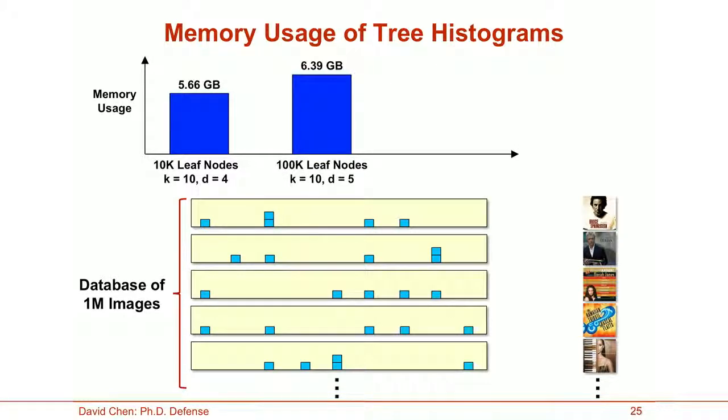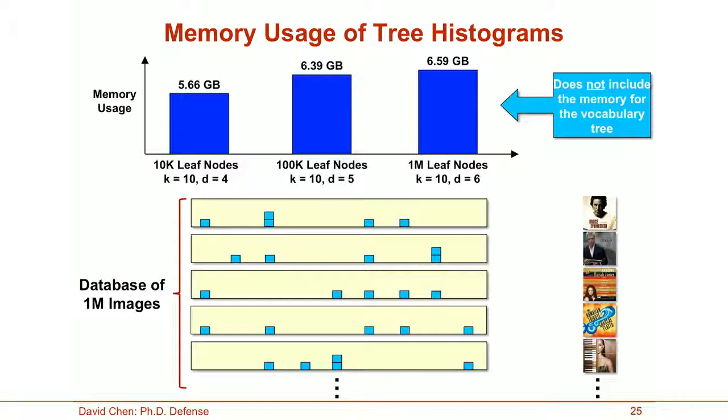If the tree had 100,000 leaf nodes, the memory would increase to 6.39 gigabytes. And for a million leaf nodes, the memory would be 6.59 gigabytes. So a large amount of memory is needed. And this memory does not include the memory needed for the vocabulary tree itself, which is a separate issue we'll discuss in a few slides.